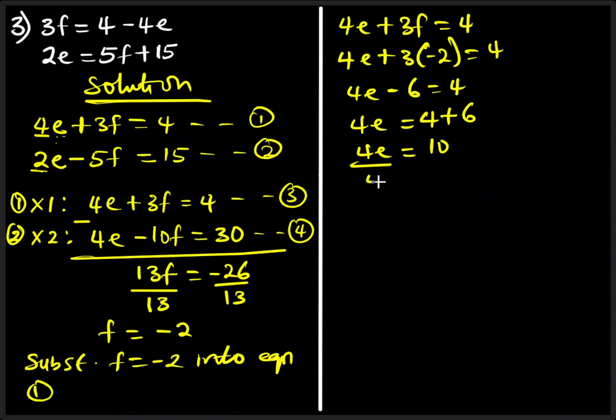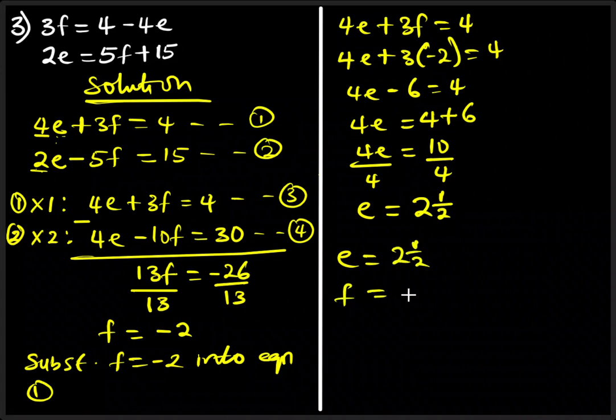If we divide both sides by 4, our e is equal to what? This will give us 2 whole number 1 over 2. So our e is equal to 2 and 1 over 2, and our f is equal to minus 2.